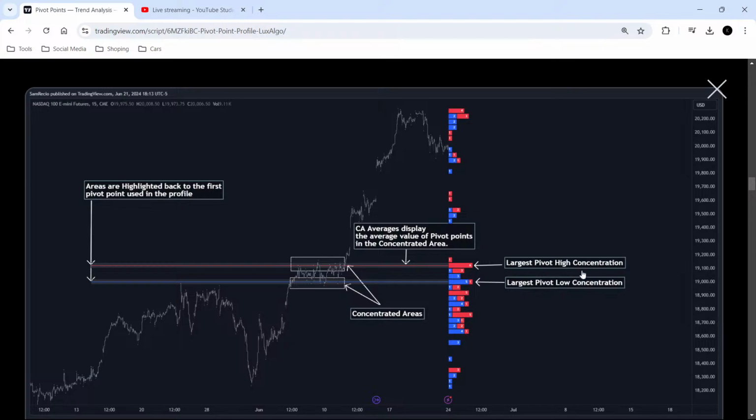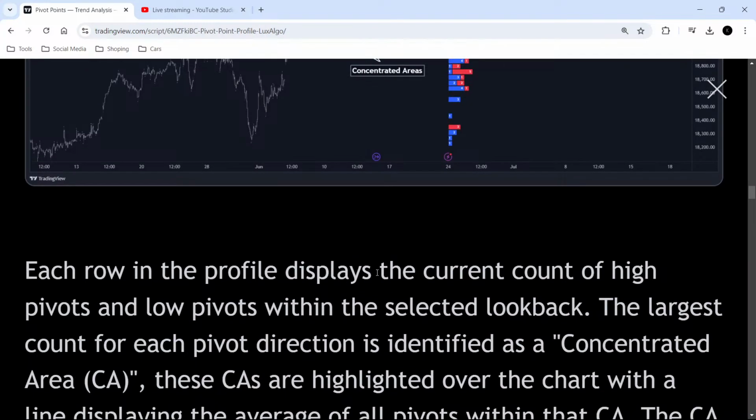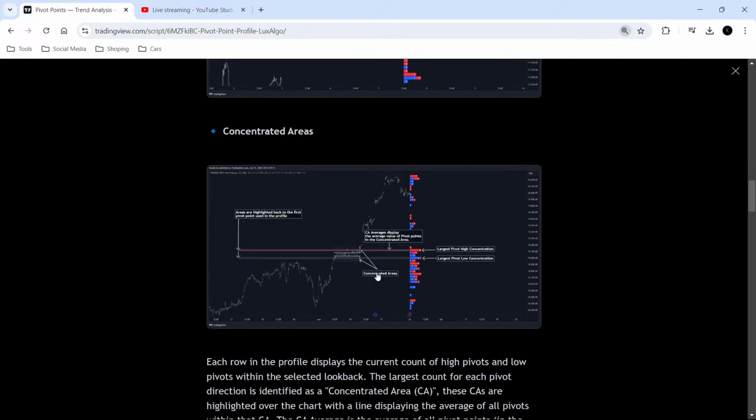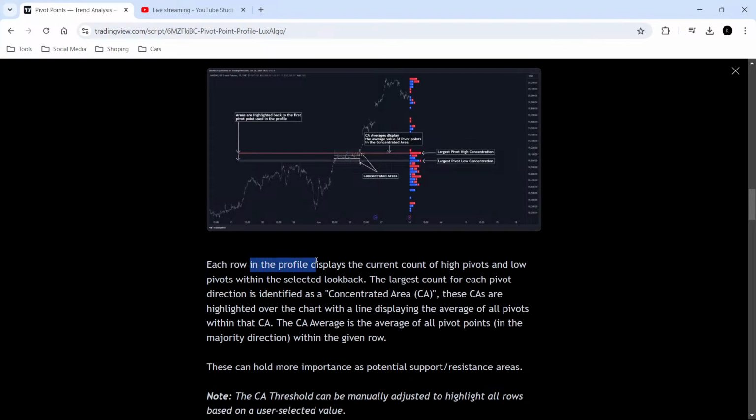Largest pivot high concentration and largest pivot low concentration. Each row in the profile displays the current count of the high pivots and low pivots within the selected lookback. The largest count for each pivot direction is identified as a concentrated area. Okay, so yeah, it is CA.